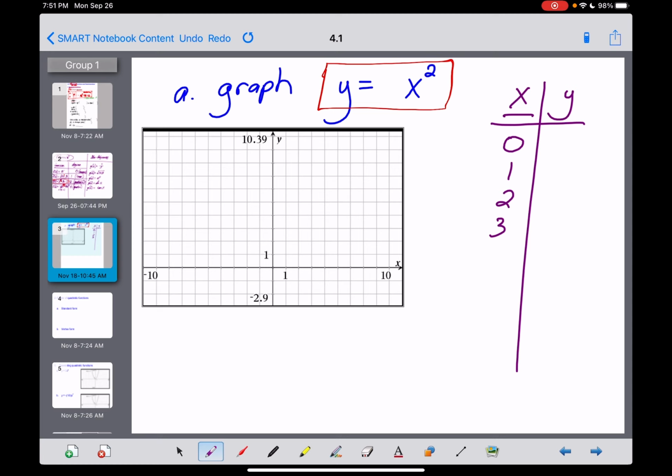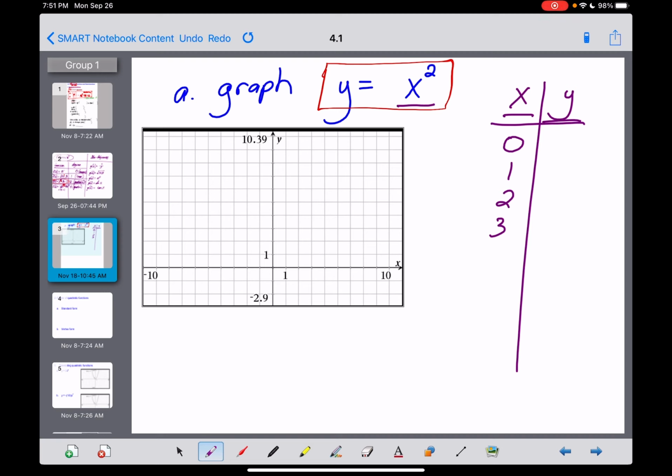Now, x in a function like this is what we call our independent variable, meaning x is independent of y. We can let x be anything we want it to be, but y is the dependent variable. Its value depends on the value we chose for x. So here we go. Our first value here is to let x equal 0. So we're going to take 0 and then square it.